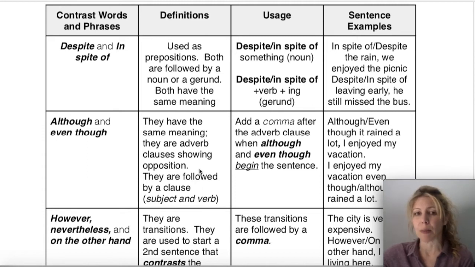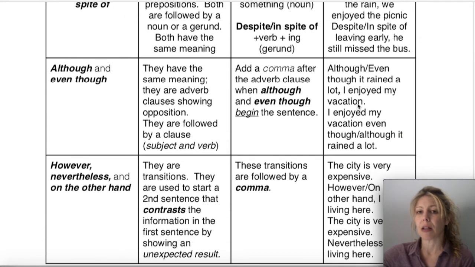Also, add a comma after the adverb clause when although and even though begin a sentence. For example, although it rained a lot, comma, or even though it rained a lot, comma, I enjoyed my vacation.